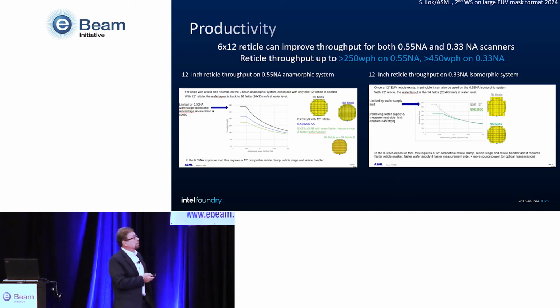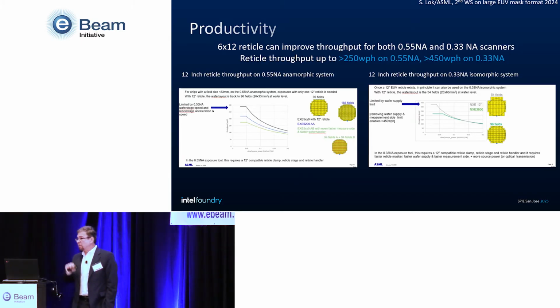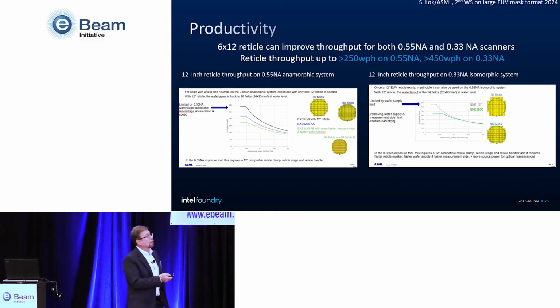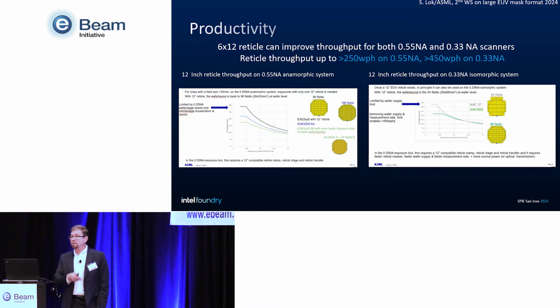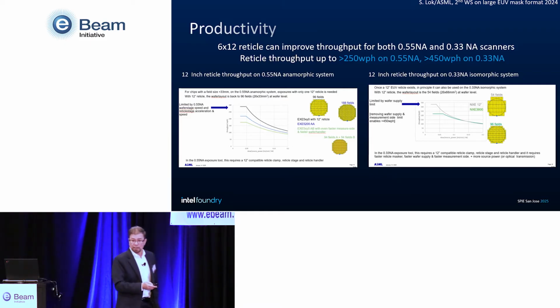He basically says if we go to 0.55 NA and we go to 6 by 12, then we're going to be able to do 250 wafers per hour. And the same concept applies if you go to the 0.33, and that gets us to 450 wafers per hour. These productivity numbers are extremely appealing to the industry, considering the cost of the scanner. I will not mention the cost, but I think many of you already know that.